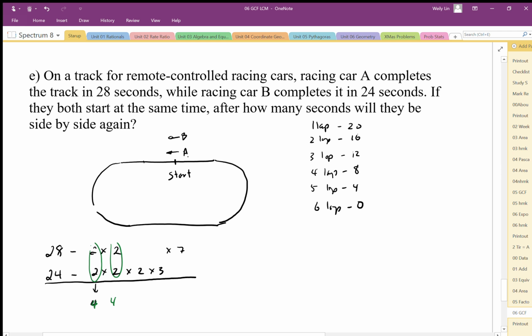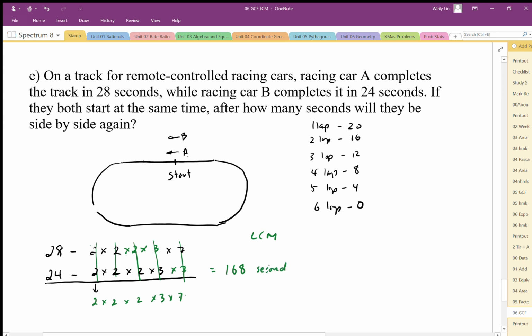I'm doing it slightly differently than the last one. This is an LCM problem. We need to make sure the bottom has all the factors involved on the top, and the top has all the factors from the bottom. So it's going to be 2 times 2 times 2 times 3 times 7, and then these all match. We end up with 24 times 7, which is 168 seconds.